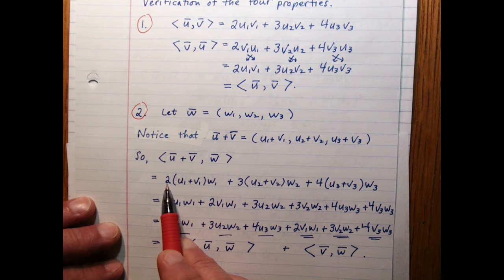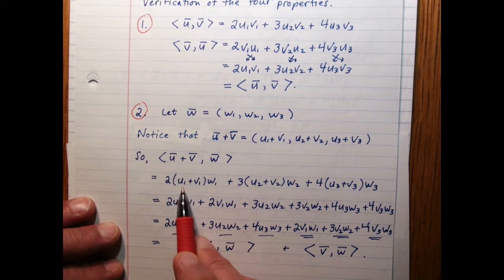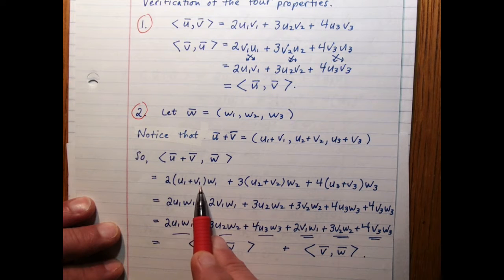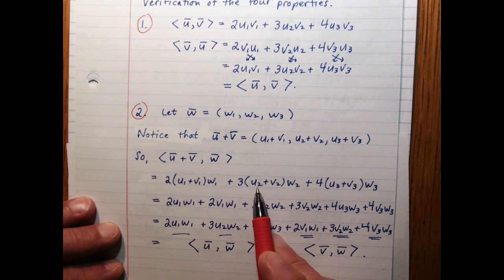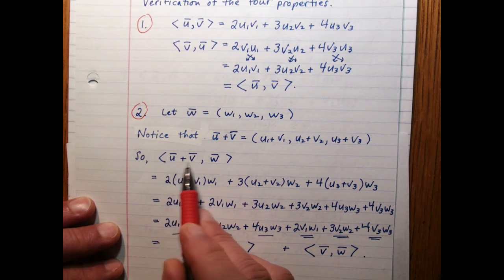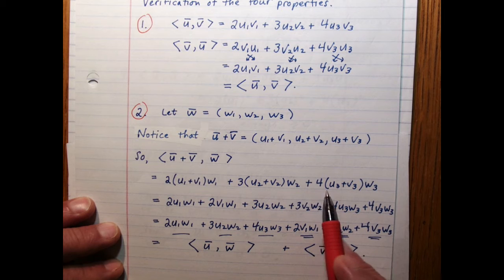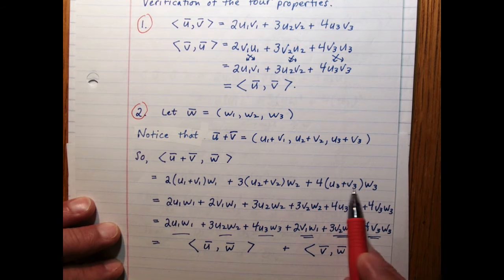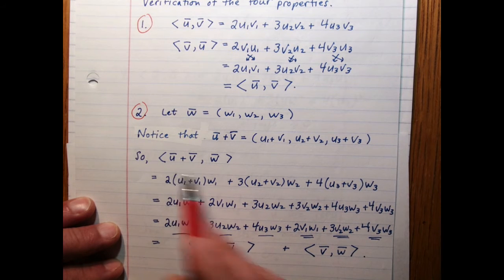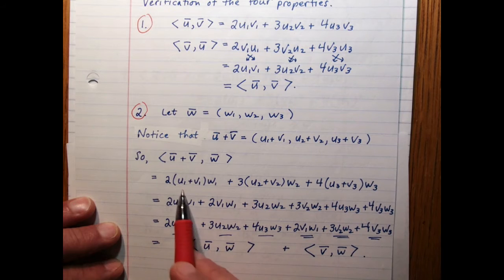Well, that's 2 times the first component of the first vector, U plus V, times W1, plus 3 times the second component of the first vector, U plus V, times W2, plus 4 times the third component of that first vector, U plus V, times W3.